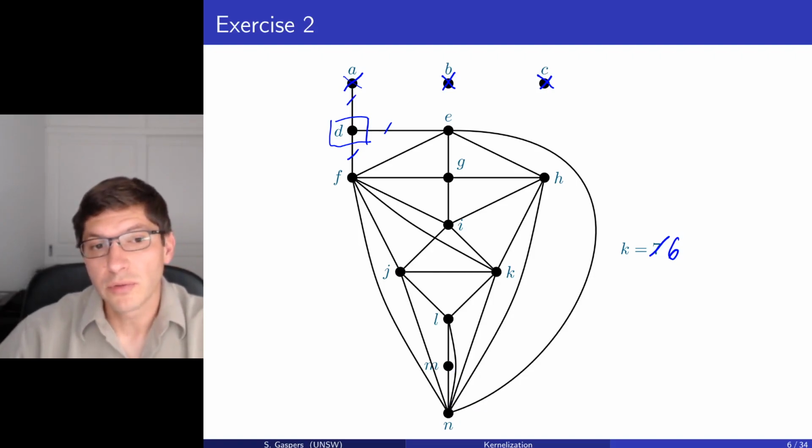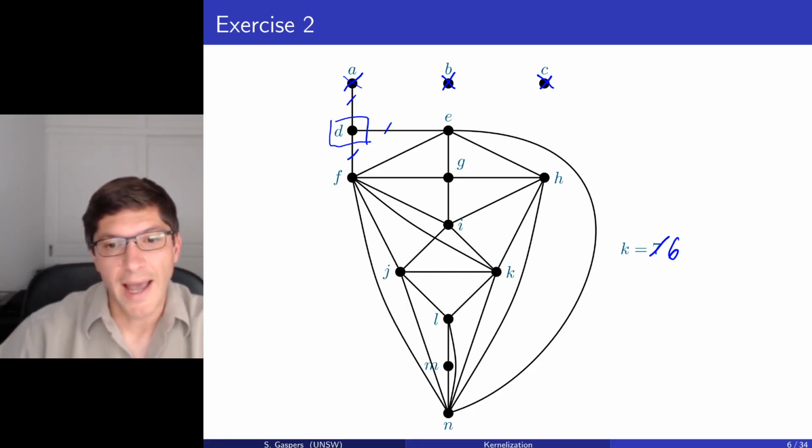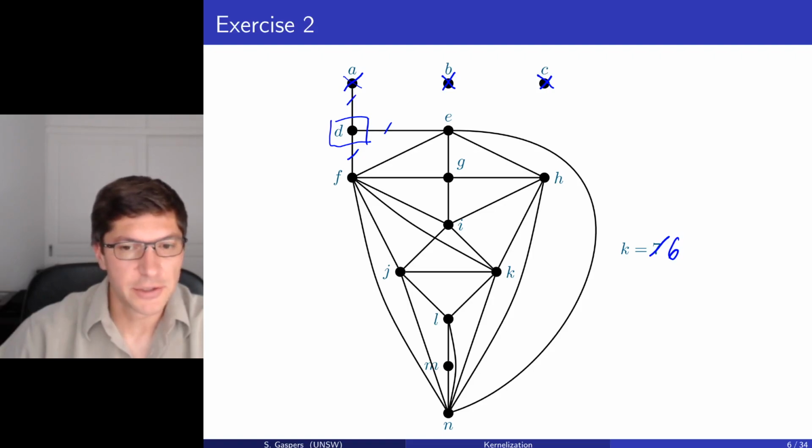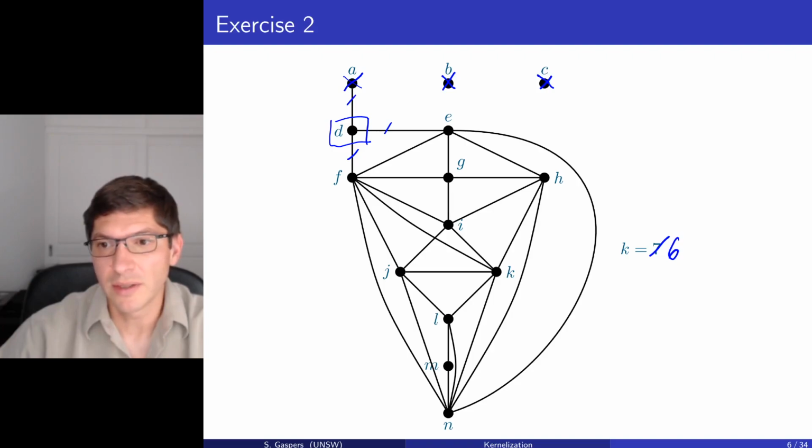Suppose we do not add N to the vertex cover. Then to cover its incident edges, we have to add all its neighbors to the vertex cover. It has 7 neighbors. So that would exceed our budget because we are only allowed to put 6 more vertices into the vertex cover.